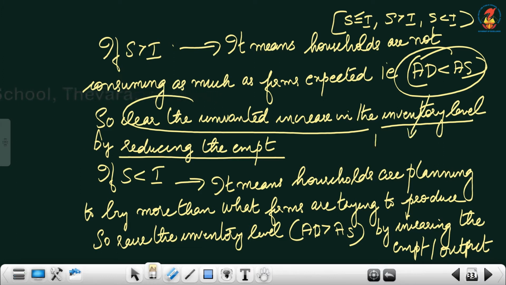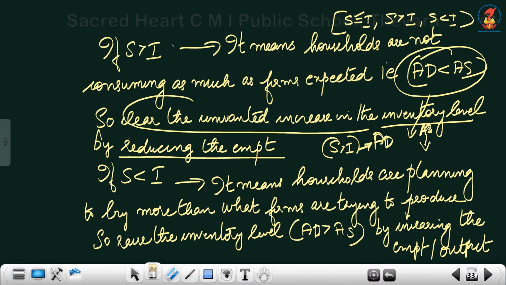That means now AD is less and AS is more, isn't it? That means saving is greater than investment. If saving is greater than investment, it means AD is less, spending is less and aggregate supply is more now, isn't it? Therefore, bring down this aggregate supply.